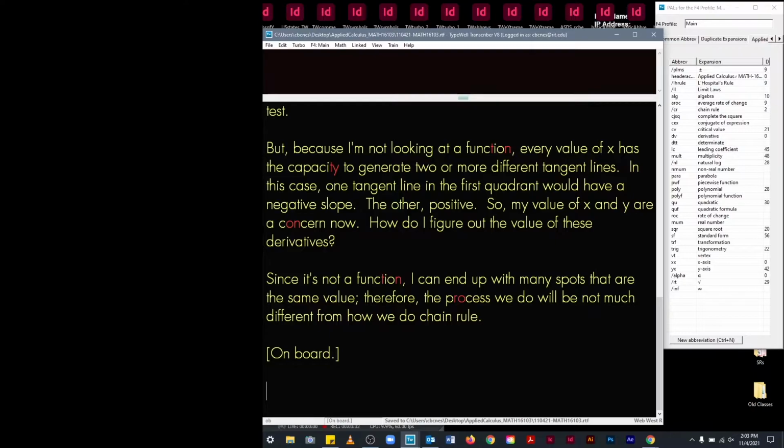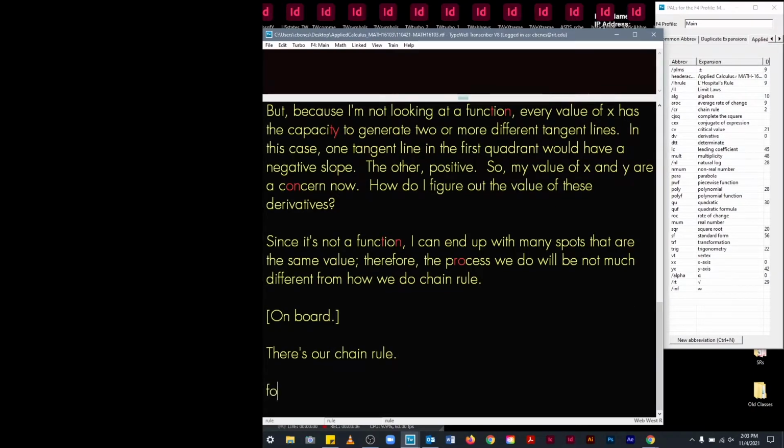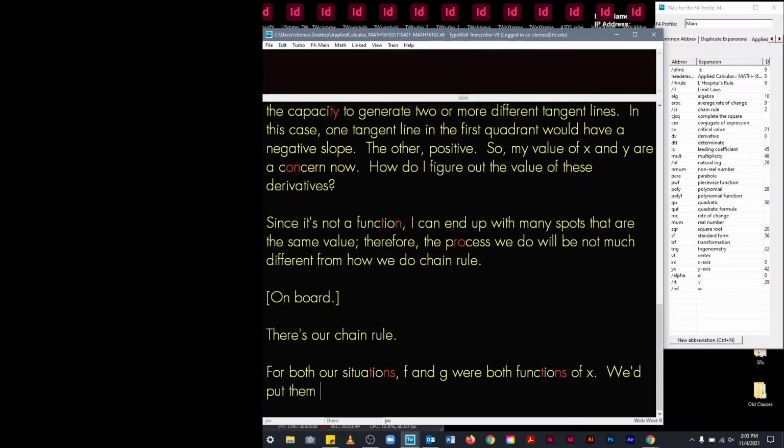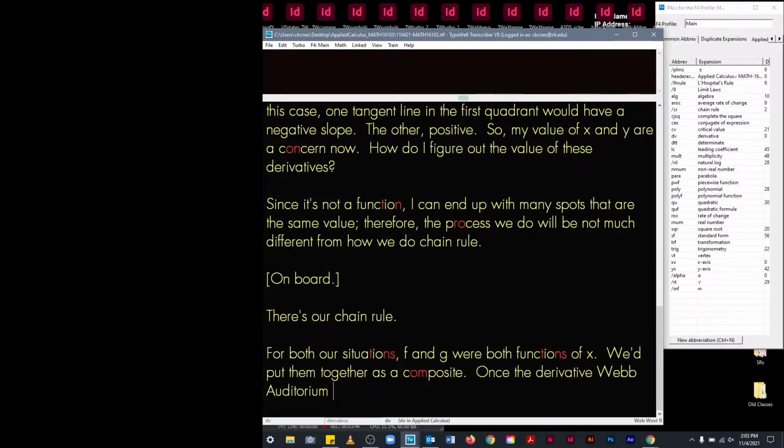So there's our chain rule. And in both of these situations, f and g were both functions of x. We would put them together as a composite, and when I took the derivative, it would follow a somewhat predictable path. Now, suppose I just defined the letter y to equal g of x.